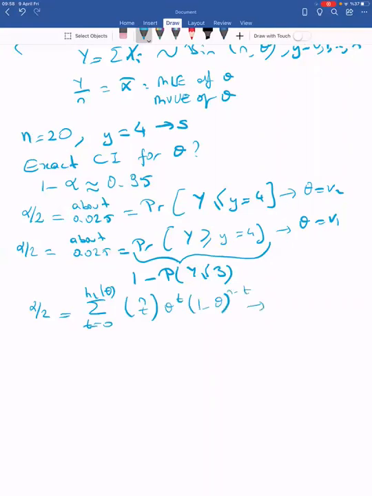From here, after finding h1 theta, we get v2, and similarly the sum from n to t to h2 theta, n choose t, theta to the t, 1 minus theta to the n minus t.